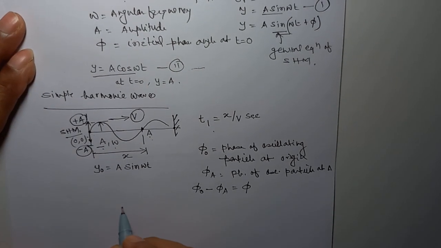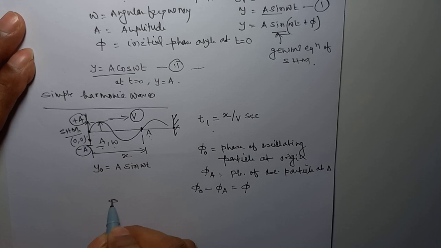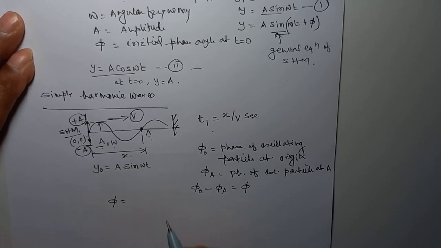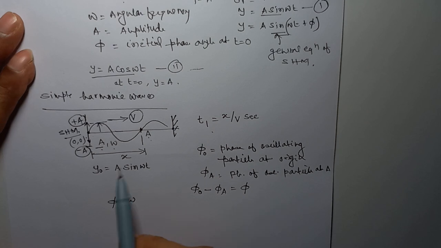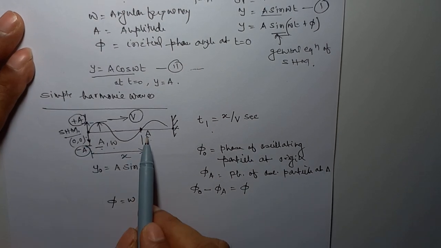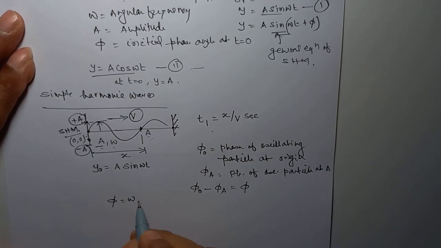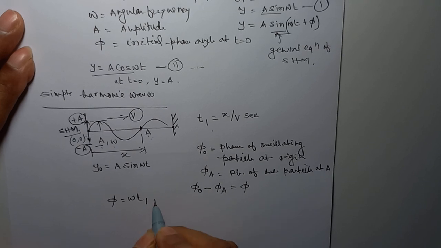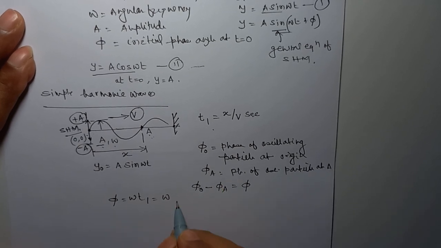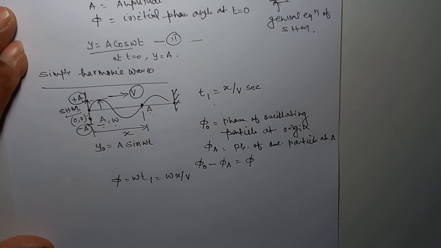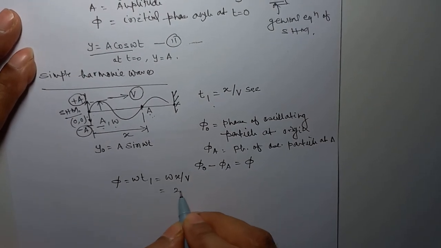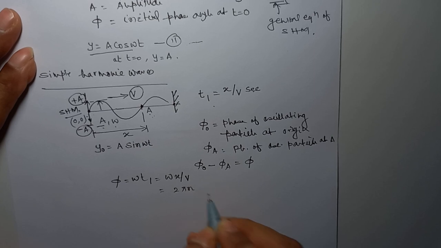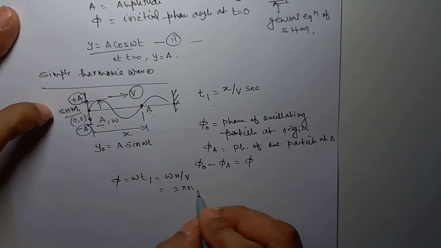And this phi we can calculate. Phi is equal to omega, the angular frequency, times t1. So this phase difference between the particle at origin and at A will be omega into t1. So we can write omega t1 by replacing t1 with x by v. This omega we can write as 2 pi n, where n is the frequency.